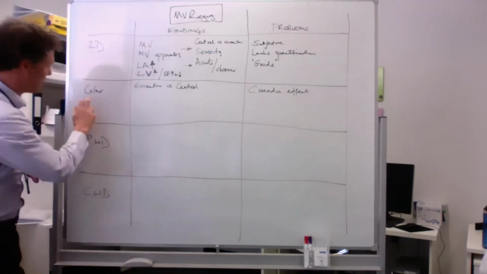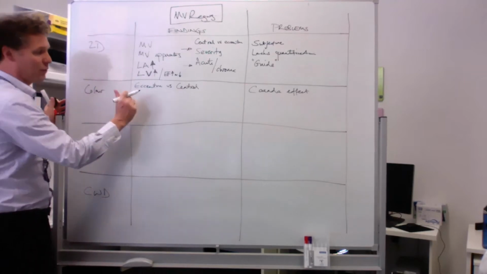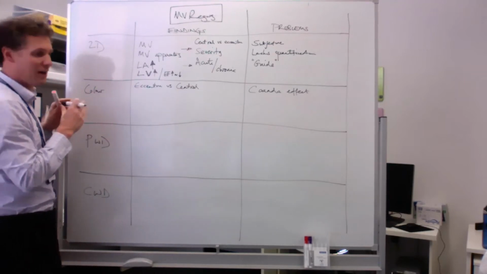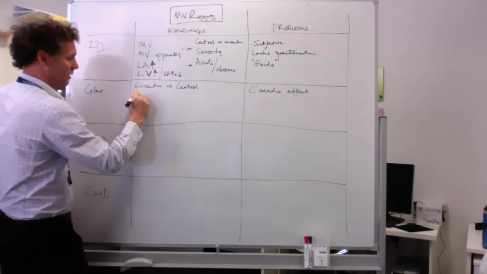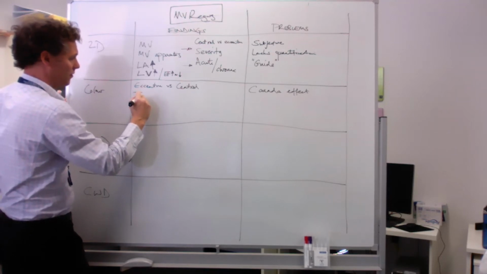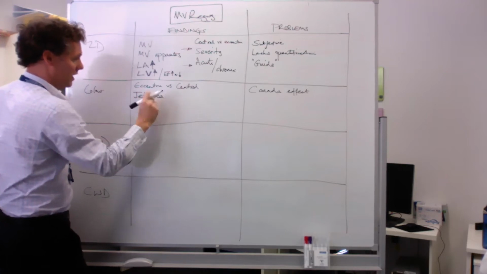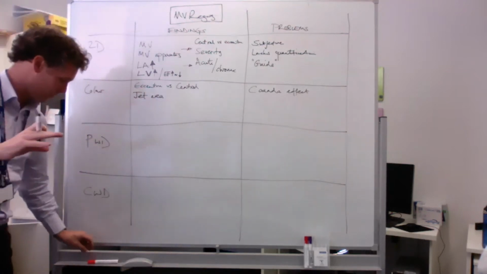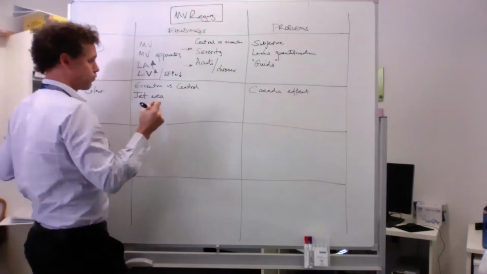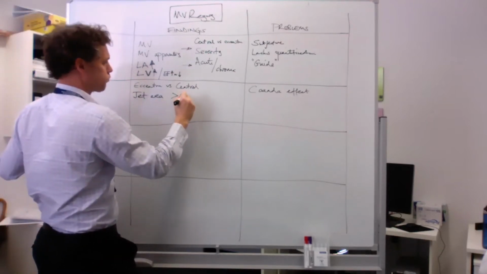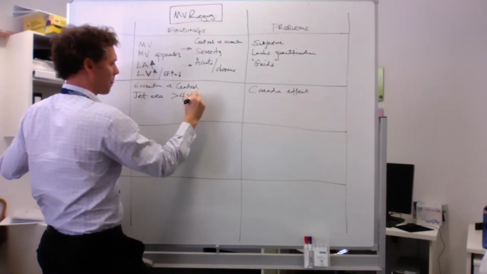And that's important because there's another way that we can assess severity with color, yeah? And that's the, what do we call it? It's like the jet area, thank you. Jet area, yeah. So jet area, and what's severe? So 40% or more of the atrium.